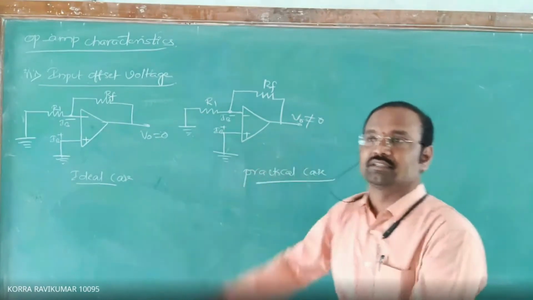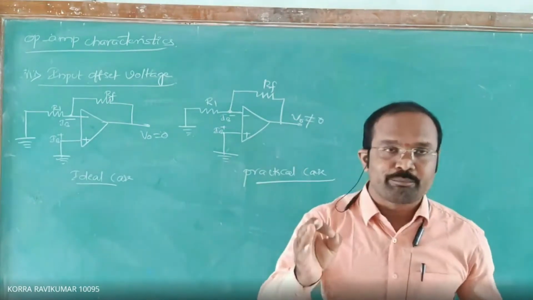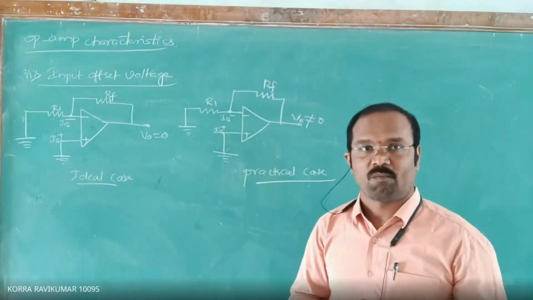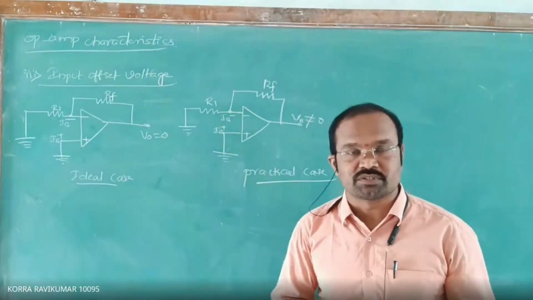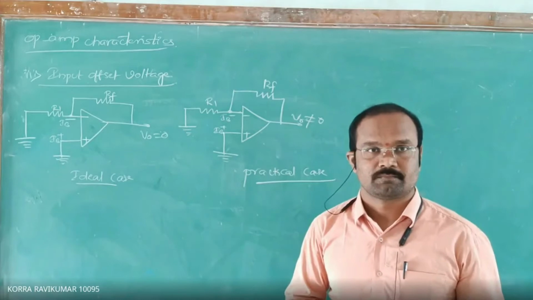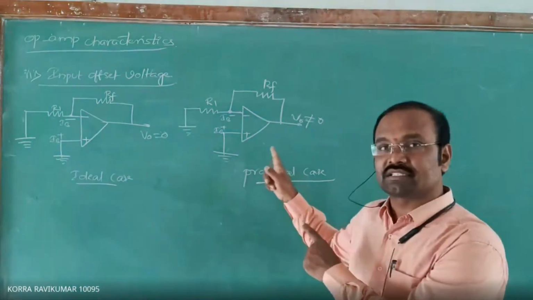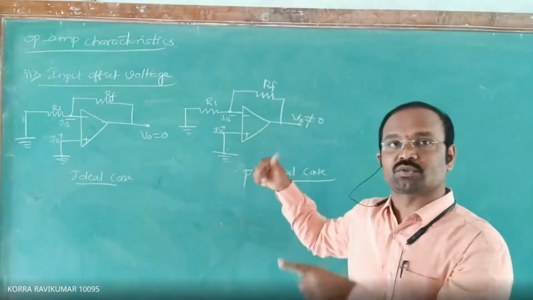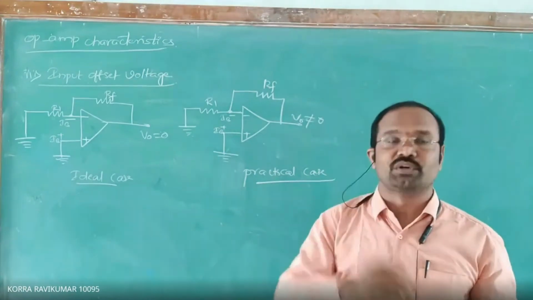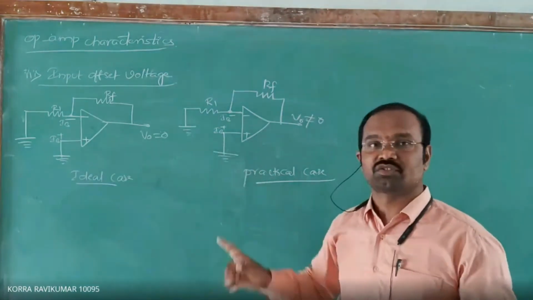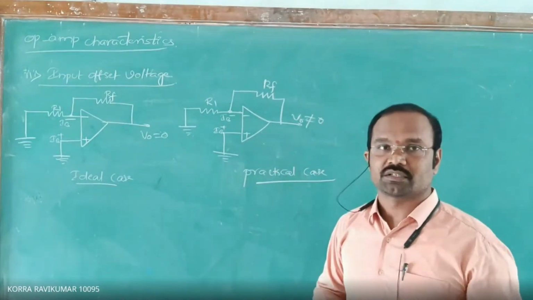The reason is that it happens because of mismatch in the input circuit. So in order to make the output voltage of the practical op amp equal to 0, we need to apply some difference voltage at the input terminal, instead of connecting it to the ground.